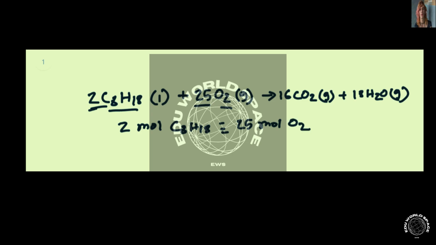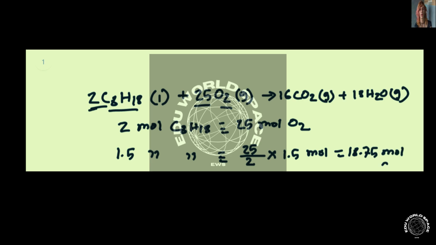That means 1.5 mole of octane will be burned by 25 over 2 times 1.5 mole, which will give us a value of 18.75 mole O2. So 18.75 mole O2 is required to burn 1.5 mole octane.